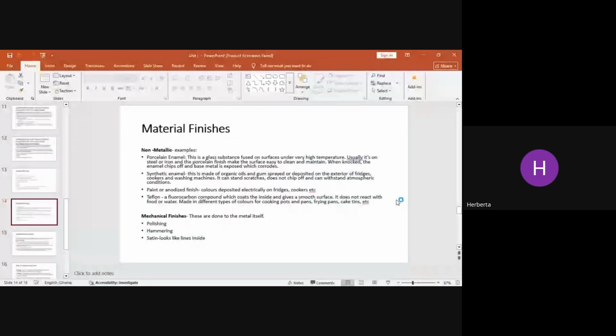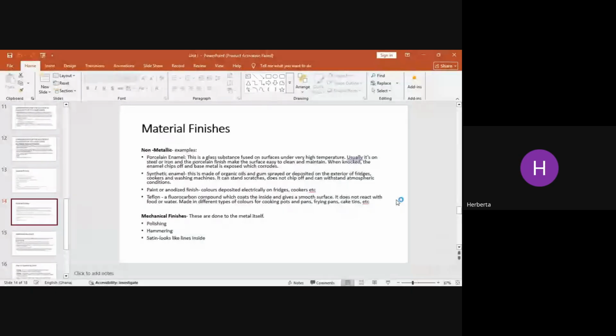Then we have the non-metallic finishes that are applied to metals. We have the porcelain enamel. Most of the time we call it China ware. So you have the enamel around the saucepan. When the saucepan falls, you see the covering chip off, and then you will see the original metal inside.